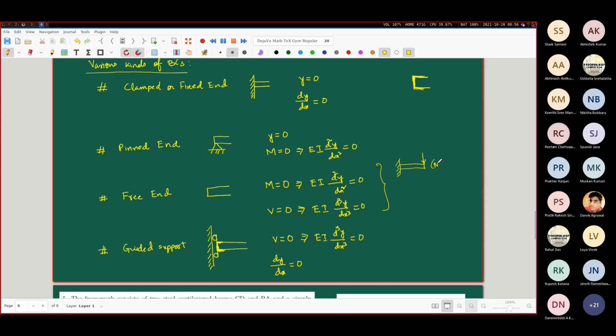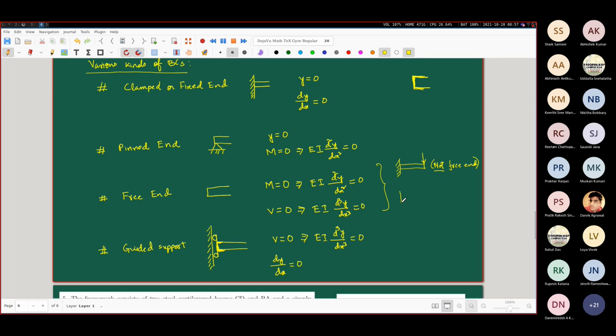But please note that this is not a free end. It is not a free end because if after doing the calculations you try to determine the shear force very close to this end, you will find that it is not equal to 0. But one of the conditions associated with a free end is that the shear force must be equal to 0. In fact, you will find that the shear force is equal to the applied load at this end. So this is not a free end.